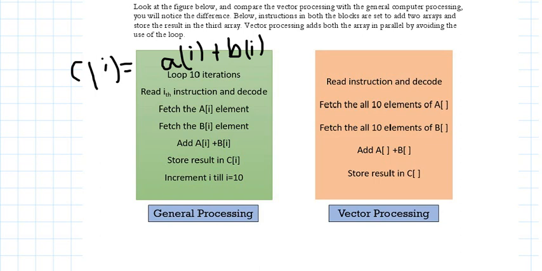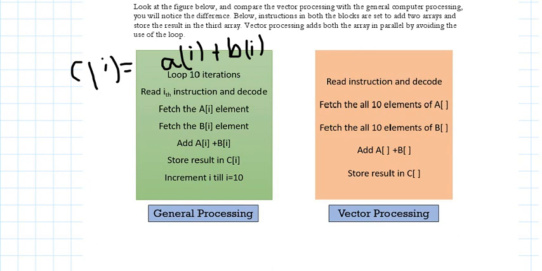So, if you have 10 such segments in your CPU which can add two elements parallelly, then you can fetch all the 10 elements of A and all the 10 elements of B in a single go, right?